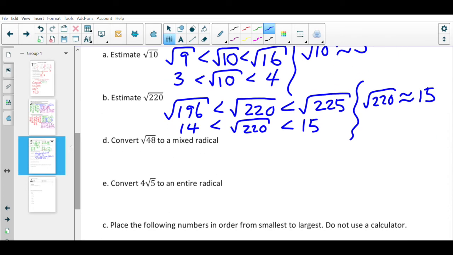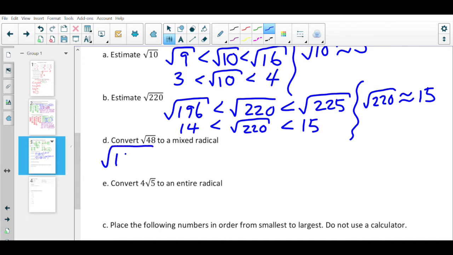Alright, converting entire radicals to a mixed radical. Square root of 48 is in the entire radical form. So what we need to do is look at the factors of 48 that equal a perfect square. If you know it right away, just do something like this.